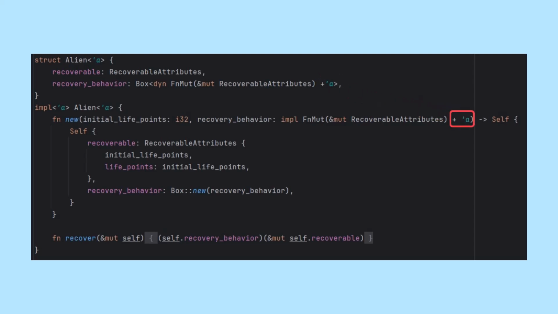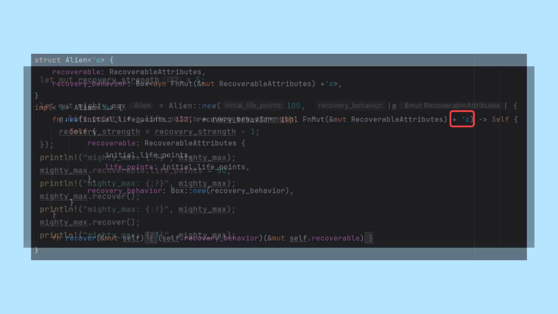In the new, I connected that A to the trait object, and that tells it that when the trait object gets dropped, the box gets dropped. And the trait object will be dropped when the recovery strength goes out of scope. So I know that the alien knows that everything will be there as long as it needs to be there.